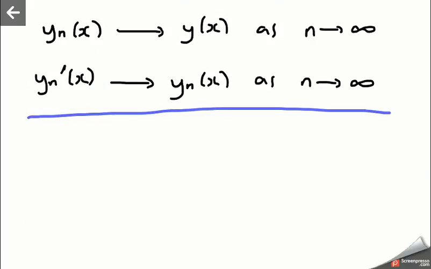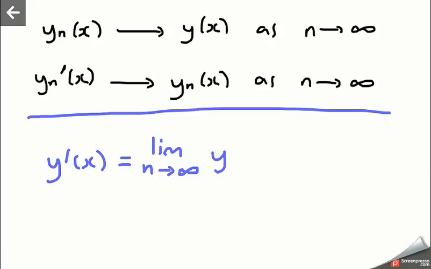y prime of x is actually equal to the limit as n tends to infinity of yn prime of x.